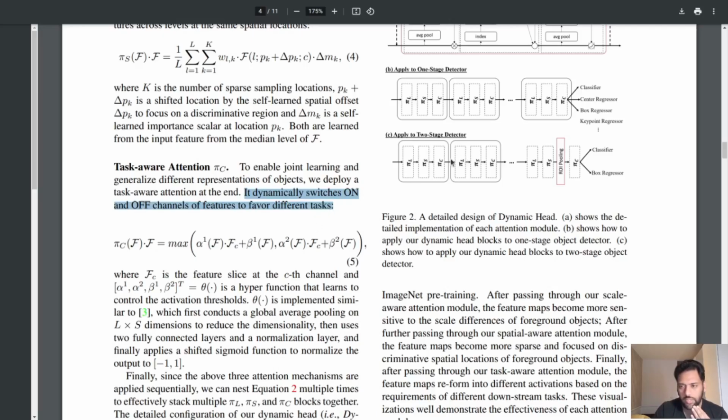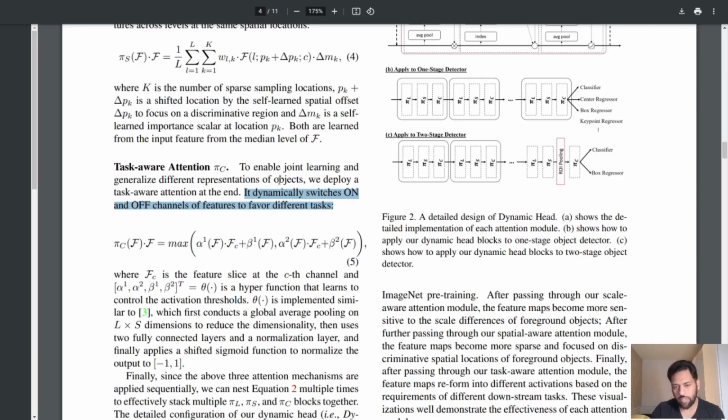The main idea is that the final task can be very different. For example, one task for an object detector network is classification, classifying into different classes. For something like CenterNet the task is a center point regressor. For an ordinary object detector it's mostly a bounding box regressor, but it can also be a key point regressor.